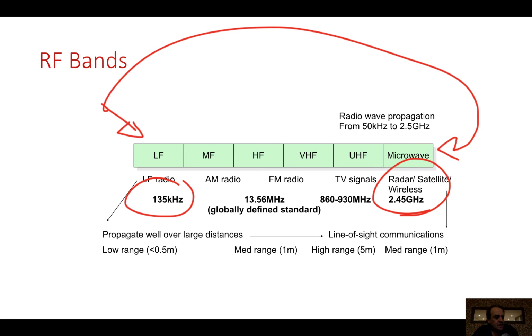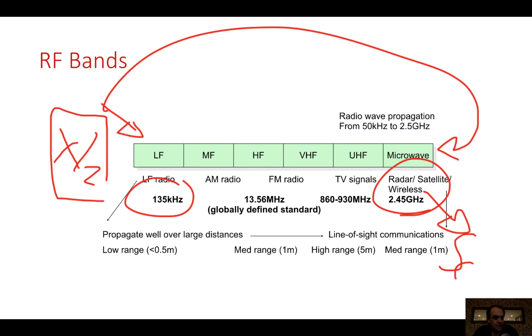To give you some idea, an antenna is about half a wavelength. The wavelength here is about 5 centimeters or so, so our antennas are typically measured in a few centimeters, where up here they can be measured in many hundreds of meters.